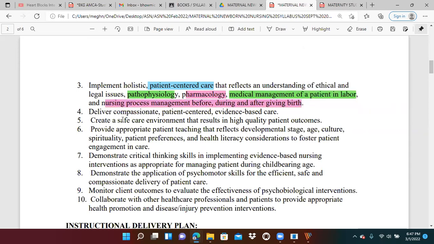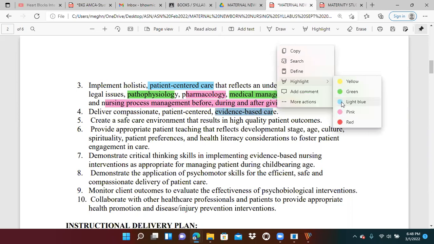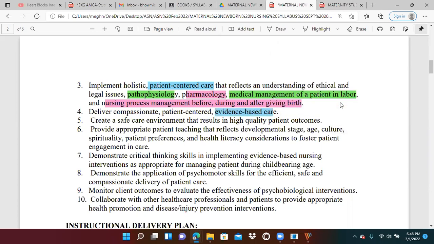So deliver compassionate, patient-centered, and evidence-based practice. Wow, so it is very important. Evidence-based, we should love it. Every day we're doing something and we are learning something.